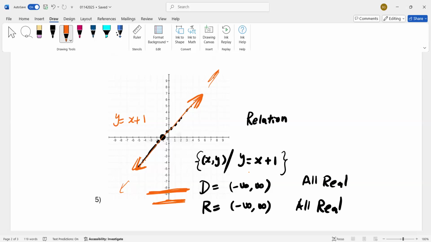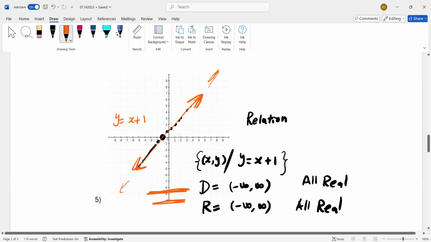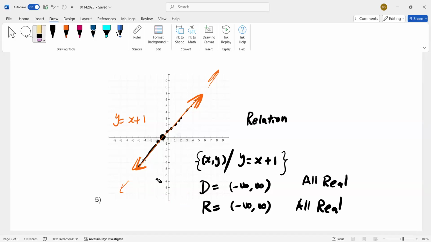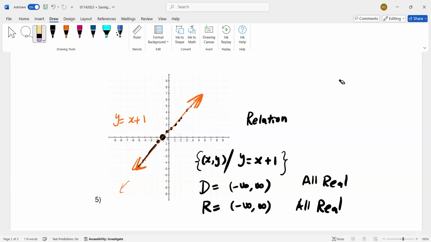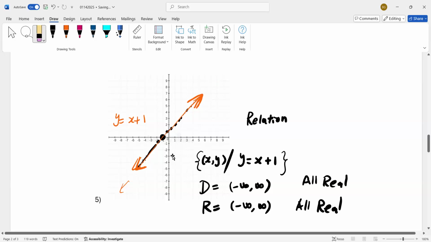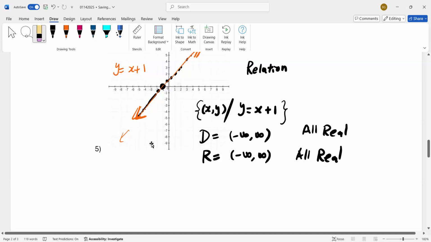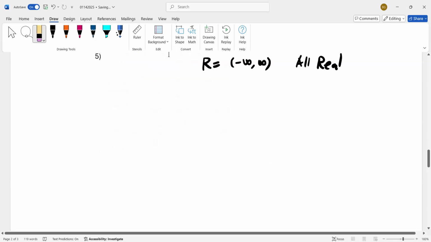No, you're right. It's extending forever to infinity, right? Same thing on the bottom, continuing until negative infinity. Since it doesn't have a boundary from below or from above, the range is also all real. As I said, it's the first time we see something like this, and we will have other similar problems to practice. So we agree this graph is a relation, and we found the domain and range for the relation. One more.